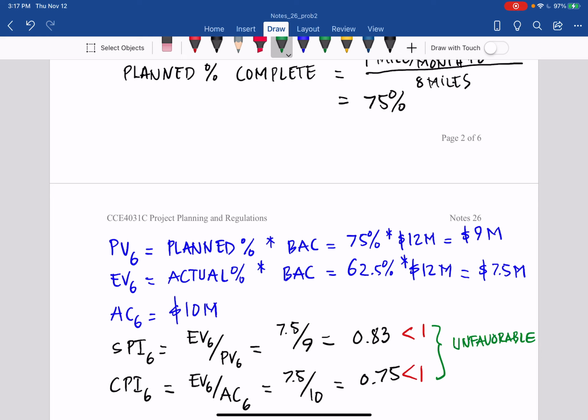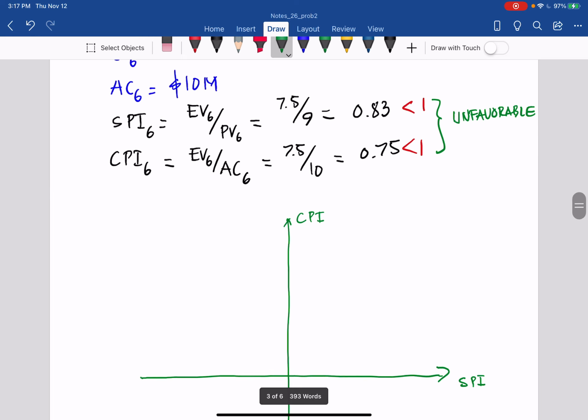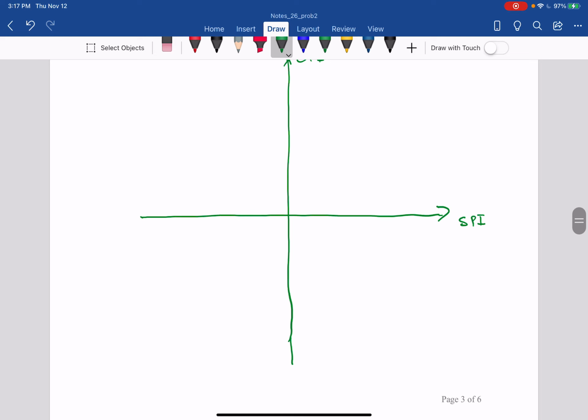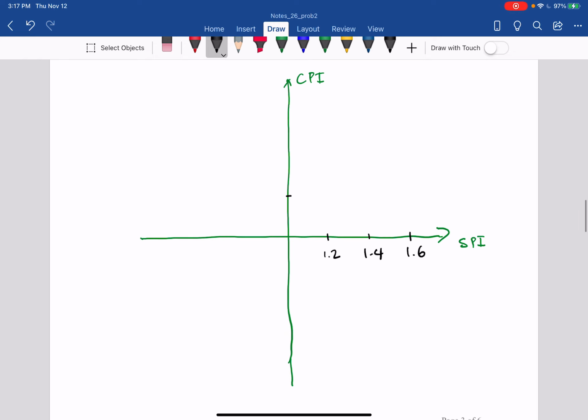So 1.5 is the maximum. We can set the divisions as 1.2, 1.4, and 1.6 because the maximum is 1.5. Similarly for the CPI, 1.2, 1.6. The intersection is 1, 1, not 0, 0.